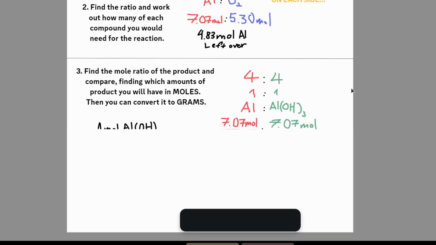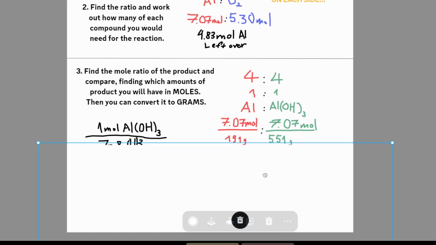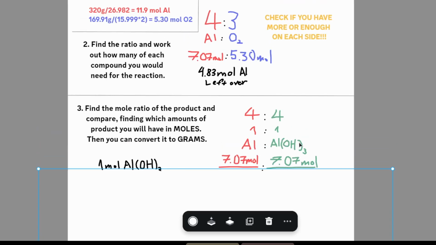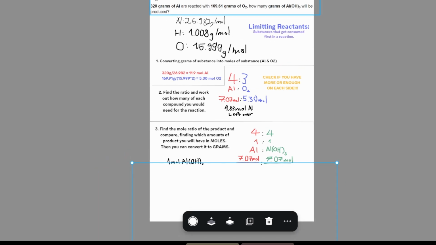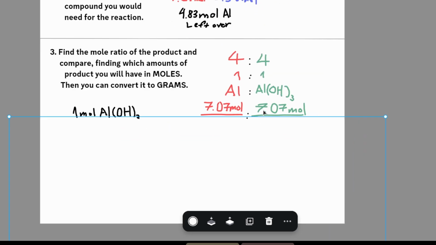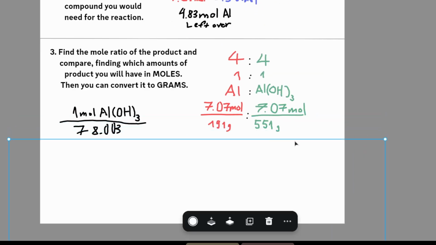You put the amount of moles of aluminum, because only this amount will react, and you get the mass on this side with aluminum hydroxide against its 1 to 1, and the numbers in front are again the amount of moles. So it's going to be 7.07 moles of aluminum hydroxide, which will be that many grams. Also, I forgot to mention this is the formula mass for that if you want to double check.